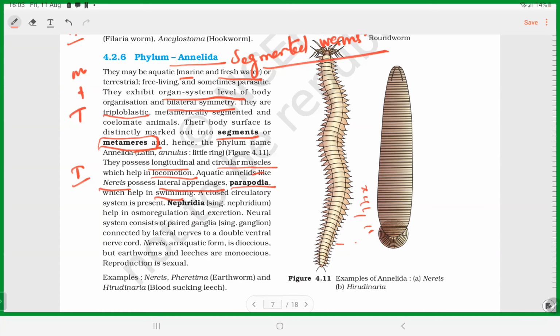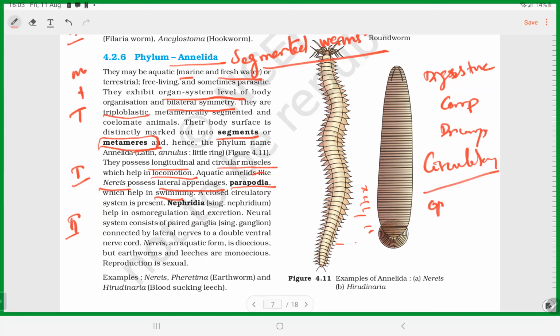And then listen, another important thing: when they study the digestive system, they use complete and incomplete. When coming to the circulatory system, it is separated as open circulatory system and closed.